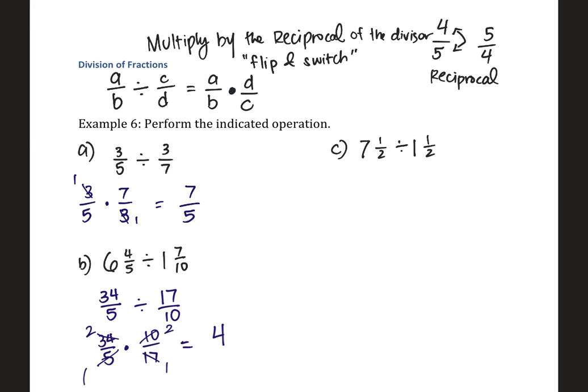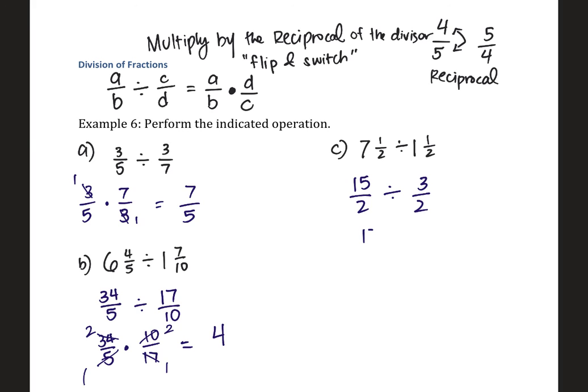Lastly, for letter C, 7.5, converting that to an improper fraction, we have 2 times 7, which is 14 plus 1. 15 over 2 divided by 1 and 1/2. 2 times 1 is 2, plus 1 is 3 over 2.